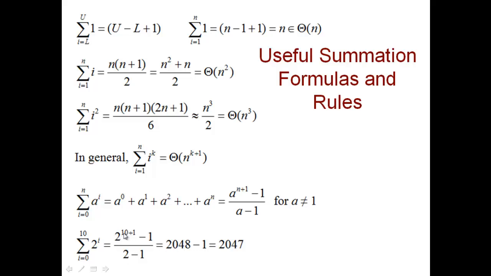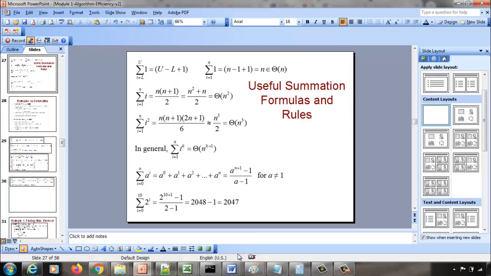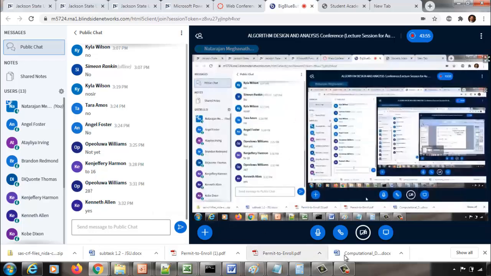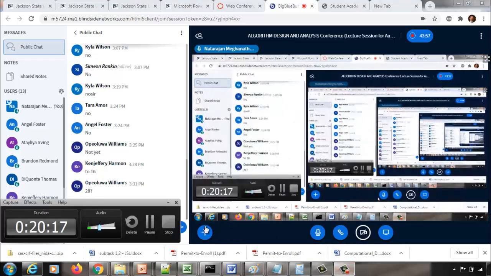So 2 raised to 10 plus 1, that's 11. 2 raised to 11 is 2048, minus 1, divided by 2 minus 1, which is 1, so that's why I did not show it here. So this is 2047. Okay, any question on the summation formulas? Okay, let me stop this.